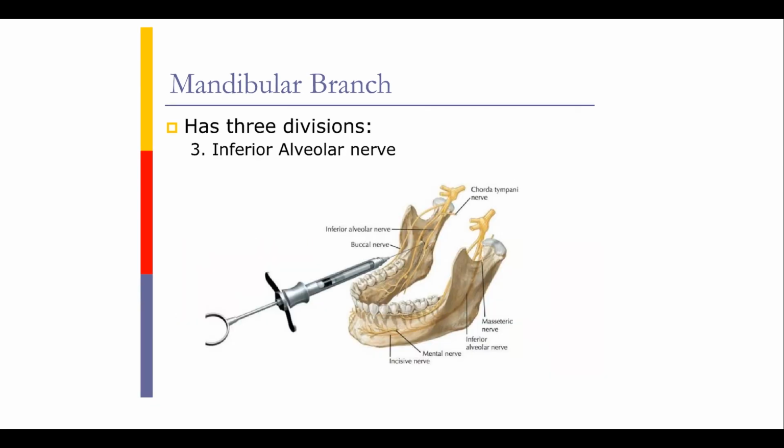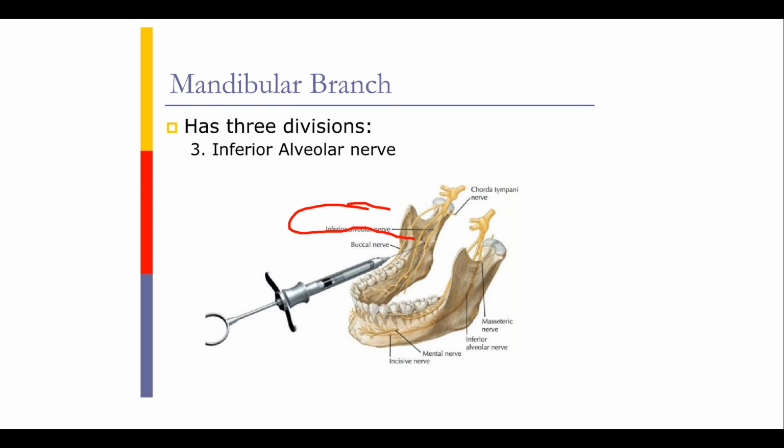And then the third branch of the mandibular nerve, you already know, the inferior alveolar nerve. This nerve is the main nerve that we get numb when we do a block injection on the lower arch, and as you can see here, the syringe injecting into the inferior alveolar nerve.